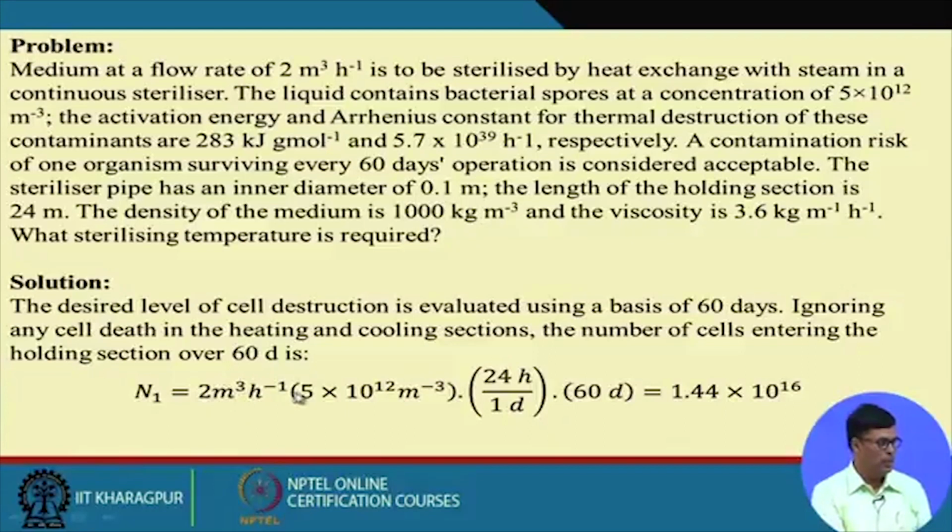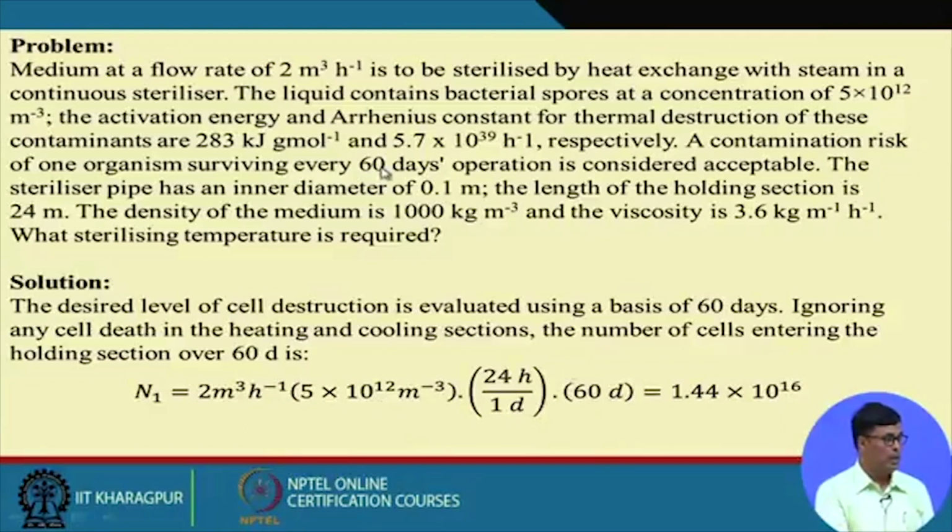So you multiply by this factor to get how many organisms per hour are going in. Now you can convert it to per day by multiplying by 24, since 1 day is equivalent to 24 hours, giving how many organisms enter the system per day.